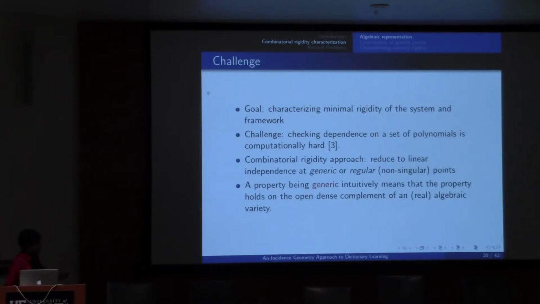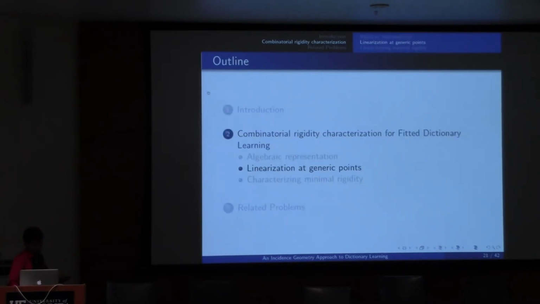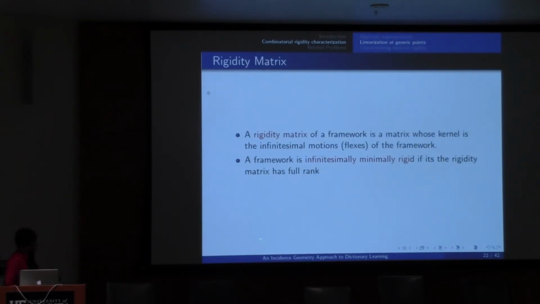The combinatorial rigidity approach is reduced to linear dependence, so full rank of a certain matrix, and there's a key theorem showing that in the generic case the dependence of this polynomial system reduces to dependence of this linear system. It's called the Bolker-Roth theorem, which is a famous theorem which basically shows that.